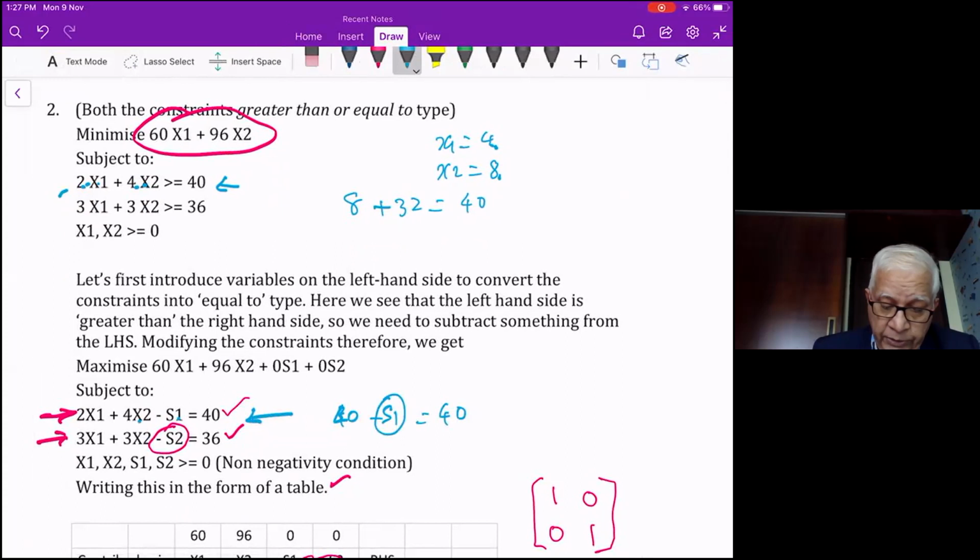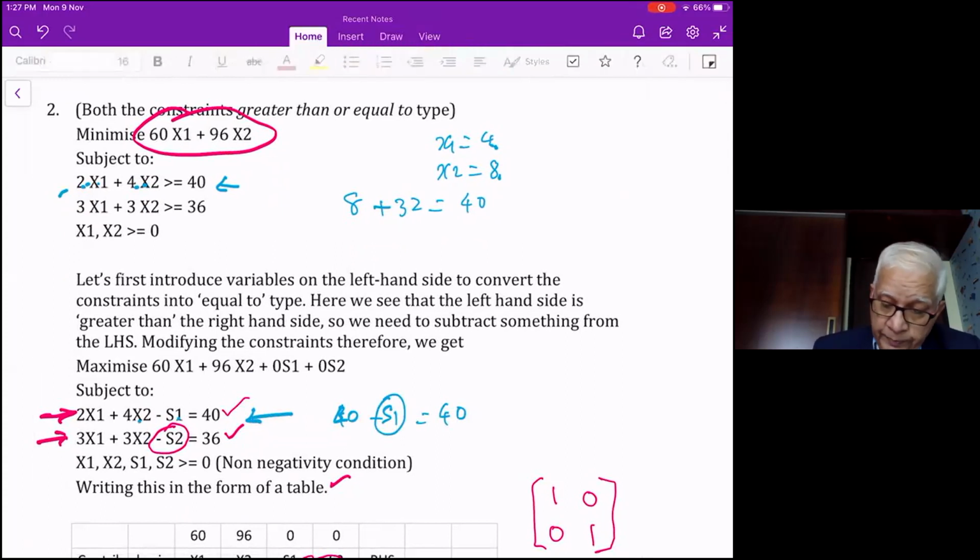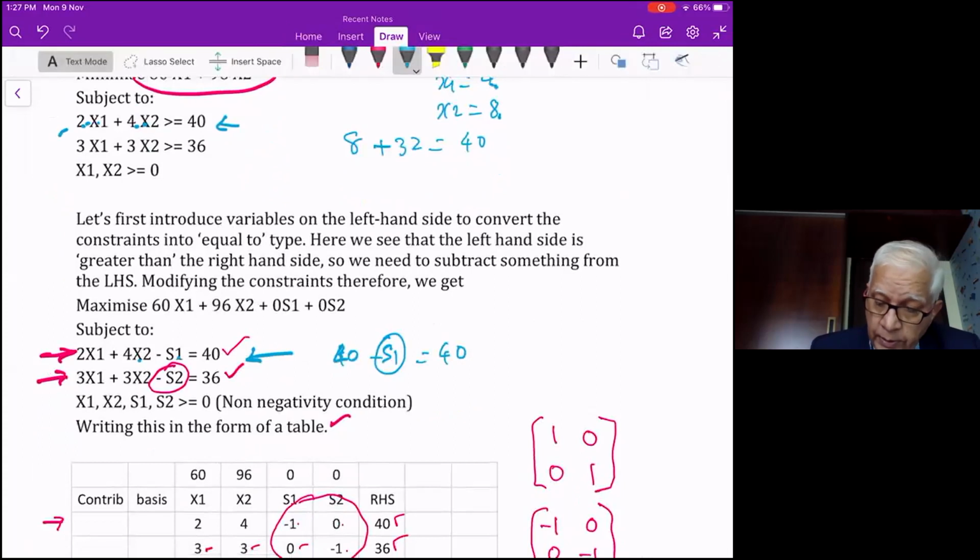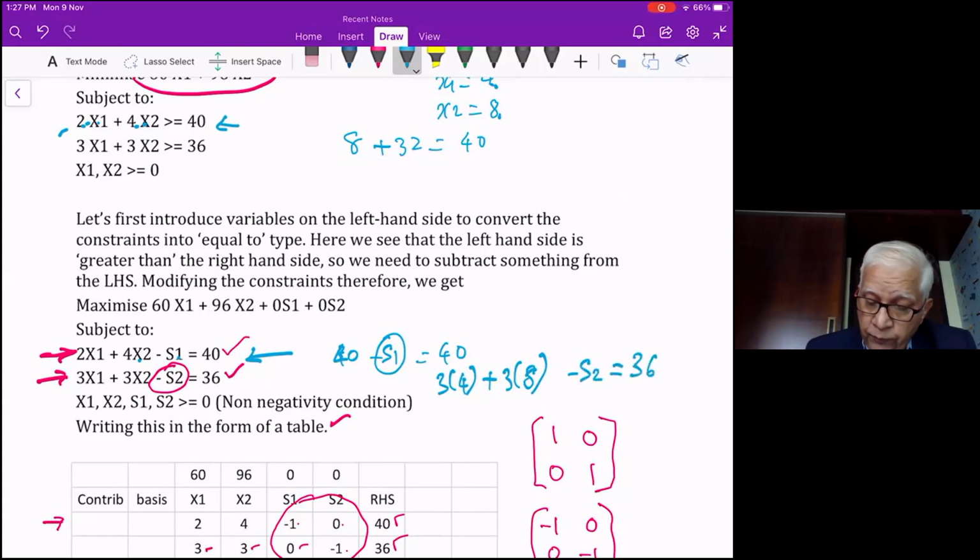And similarly, 3x1 plus 3x2 will be what? 3 into 4 plus 3 into 8 minus S2 is equal to 36. Now 4 3s are 12, 8 3s are 24. So 12 plus 24 is 36. 36 minus S2 is 36.